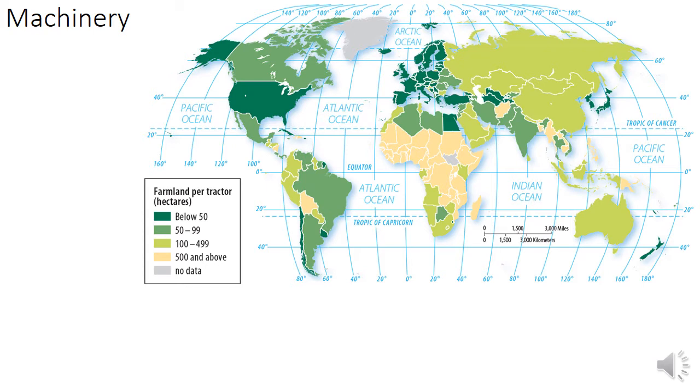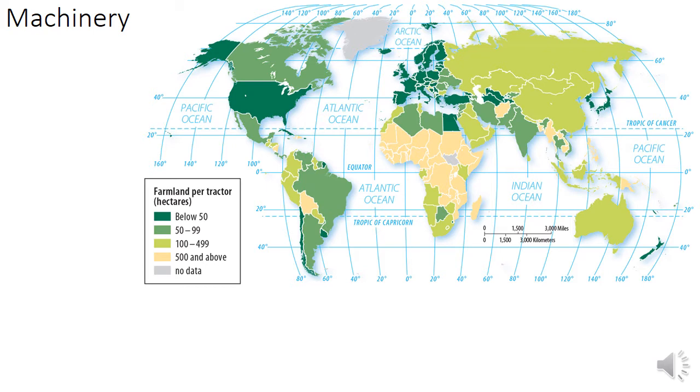Machinery, you can see again, like compare this map and the previous map, and they are sort of mirror images of each other. Okay, the more machinery you have, generally, the less of your population is going to be involved in agriculture, because those machines are going to be making up for that loss in muscle power.